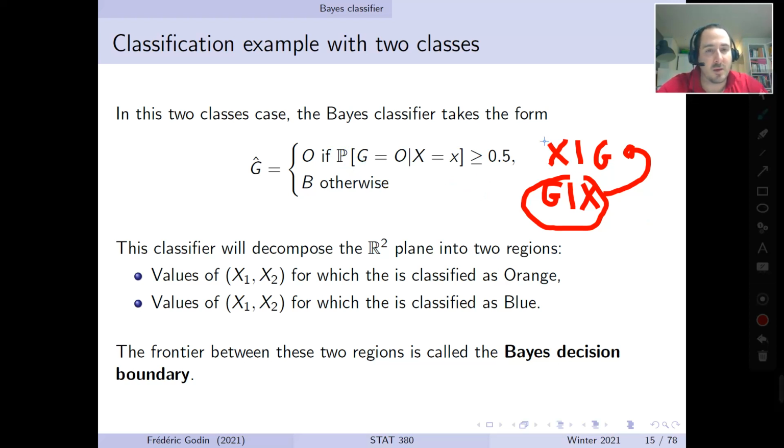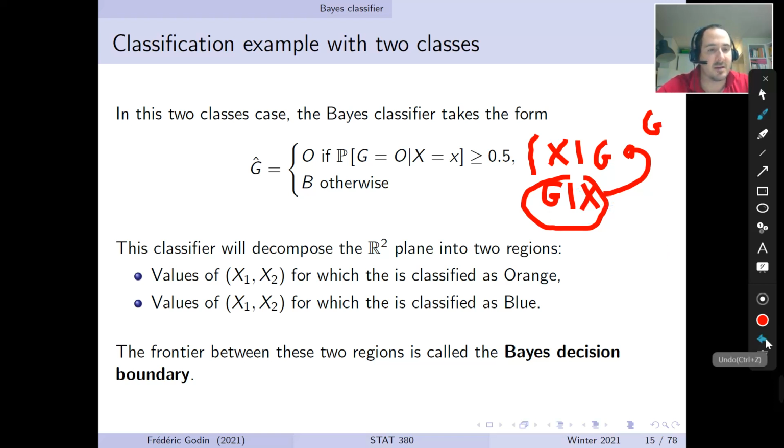We know this distribution here, and we also know the unconditional distribution of G. Because we know both, we know the joint distribution of X and G, and thus we can compute the conditional distribution of G given X based on the Bayes rule.